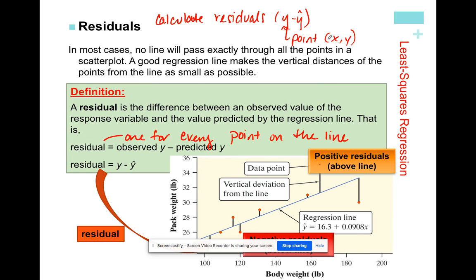To find y hat, you're going to take this x value, you're going to plug it into your y hat equation to get the y hat value that you're going to subtract. So y is the value from the ordered pair, y hat is the value that you get when you plug in that corresponding x to the equation.